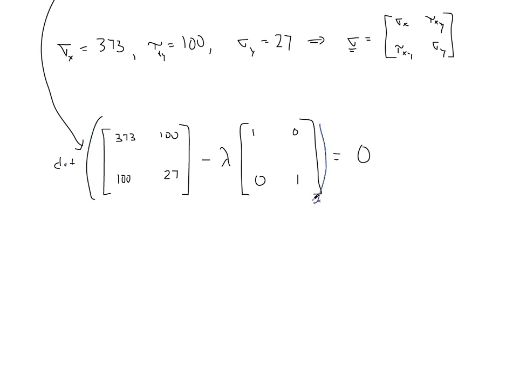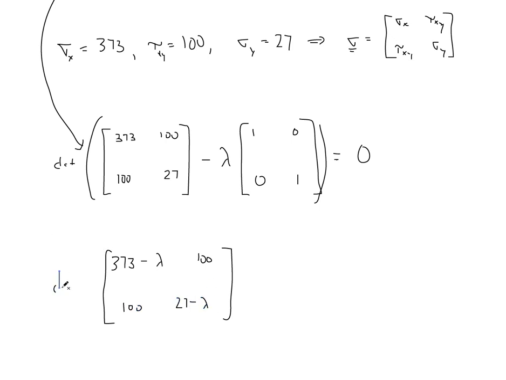Okay. This simplifies down as 373 minus lambda, 100, keep it in matrix form here, 127 minus lambda.